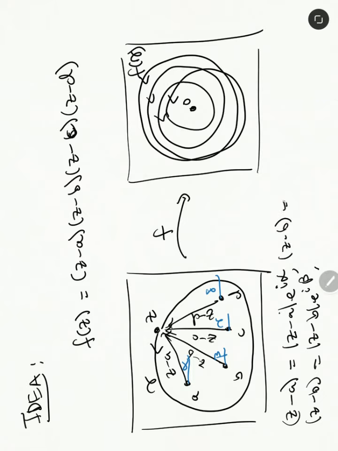So this is equal to z minus c, z minus d, okay? So this is this magnitude times e to the i gamma, and e to the i delta. Okay, and when we multiply these guys together here, what we're doing is f takes all these vectors and multiplies them all together.